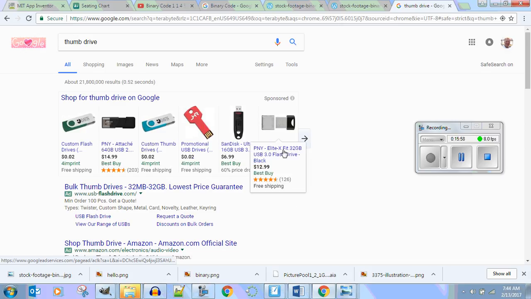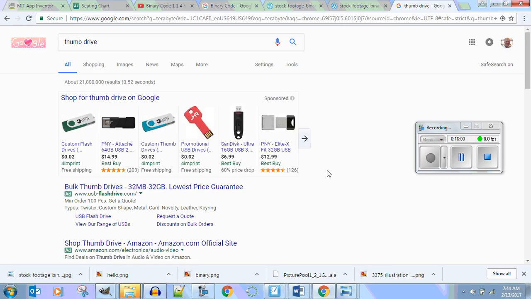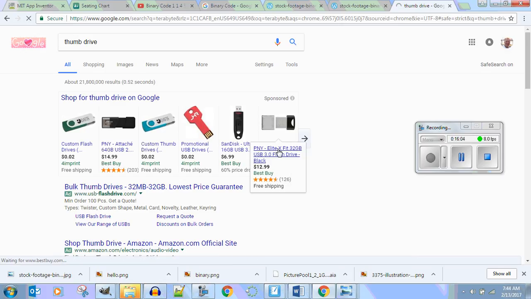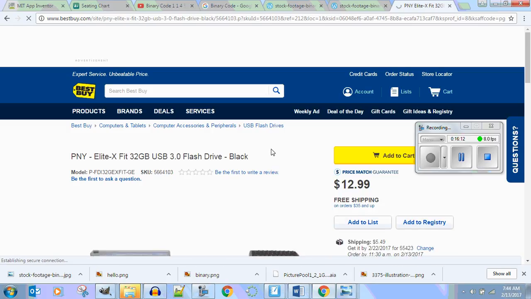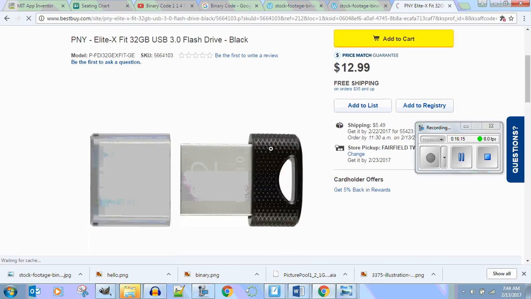Here's 32 gig. So when you buy 32 gigs of memory, that's 32 billion bytes, B-Y-T-E-S. You're going to multiply that by 8 to get how many bits are in there.